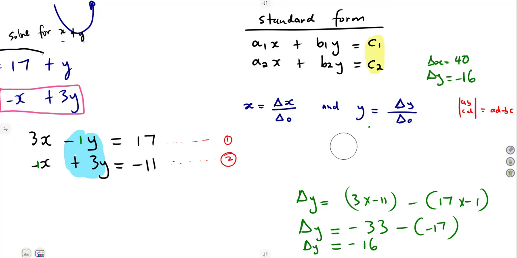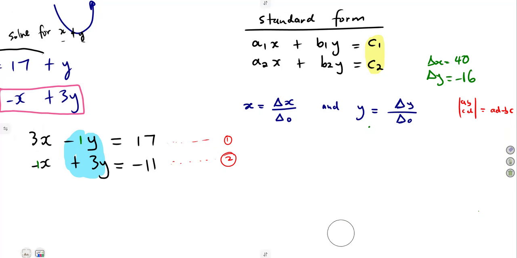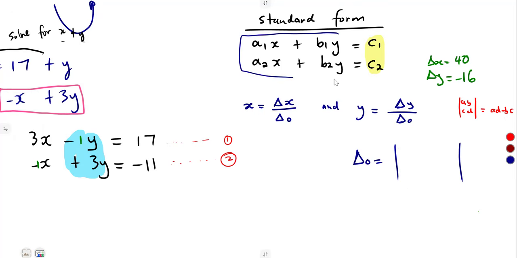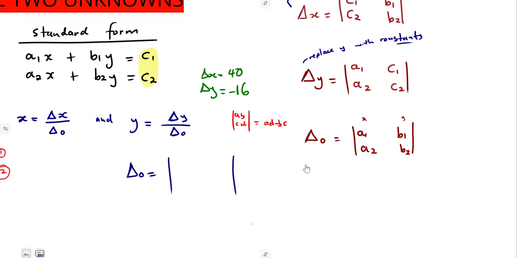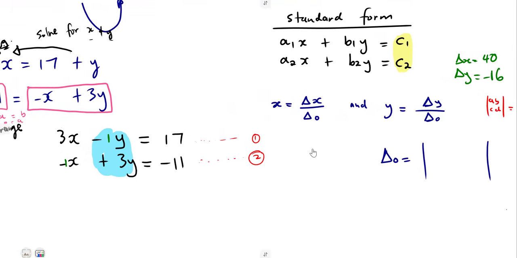All right, let us have the one for the coefficients, delta naught. Remember this time we are closing the constants. So you're just going to use the coefficients as they are on the left-hand side, a1, b1, a2, b2, x and y as they are.